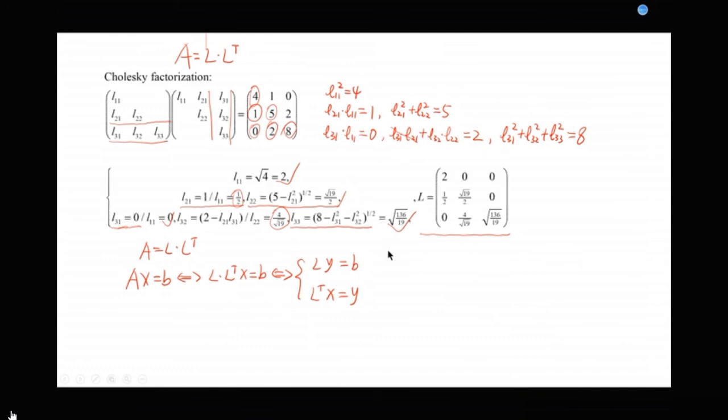I omitted the details because you will obtain the same answer as the LU factorization. You will obtain at last x1, x2, and x3 should be 1, 1, 1.